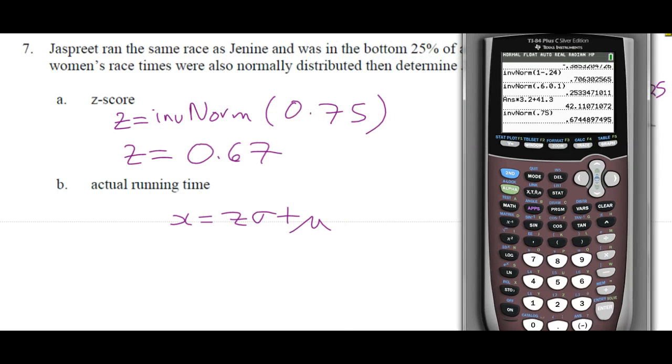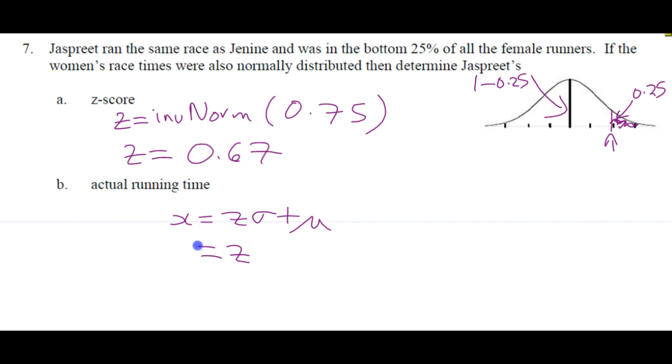So we need to fill in some numbers, right? We've got our z-score. Now, the sigma value is for women, right? So we go back to the original and we see that our sigma for women is 4.6, our standard deviation, and the mean was 45.2.